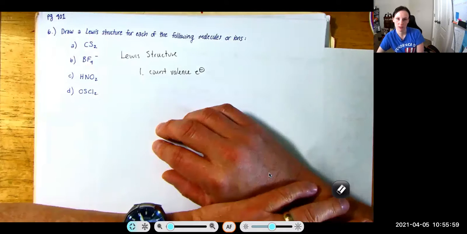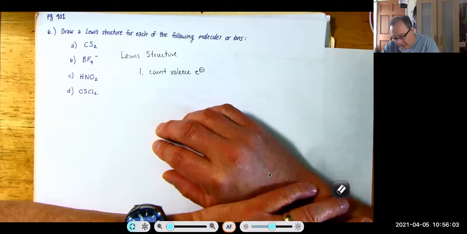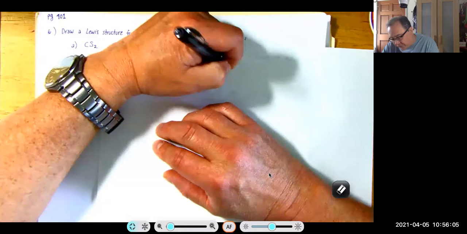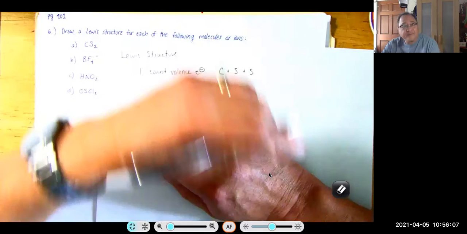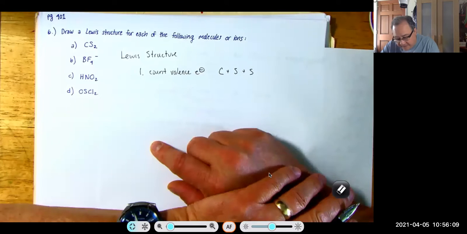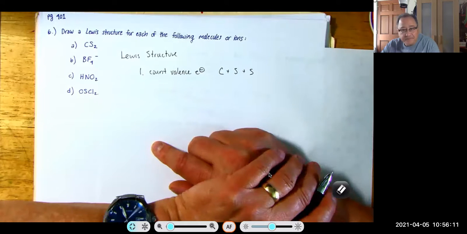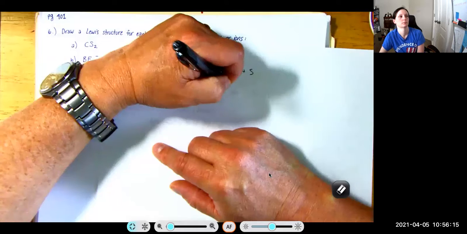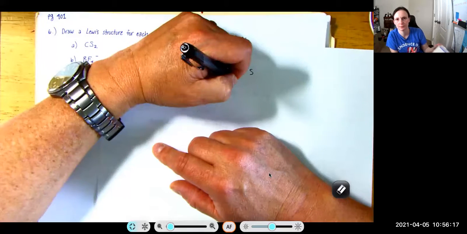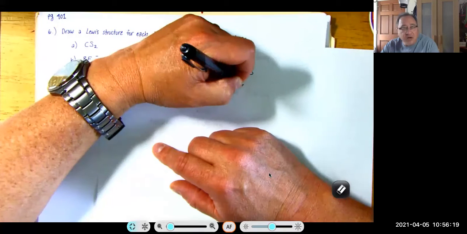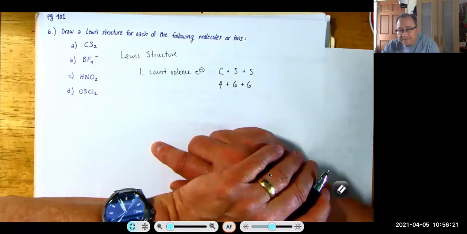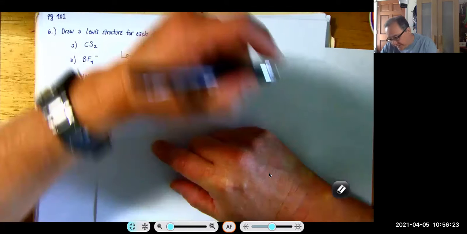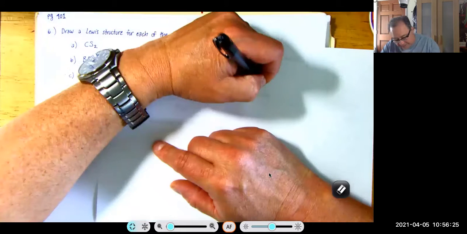So since this is a compound, you've got a carbon plus a sulfur plus a sulfur. How many for a carbon atom? 4. Okay. How many for a sulfur? Is it 5? 6. It's below oxygen. Okay. So we have 16 valence electrons here.